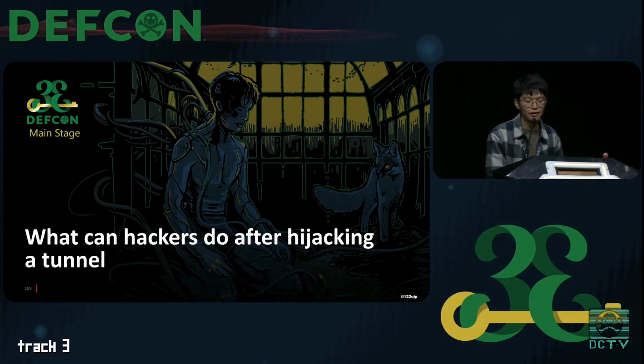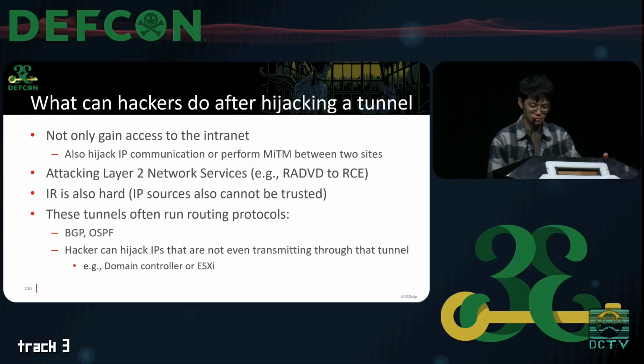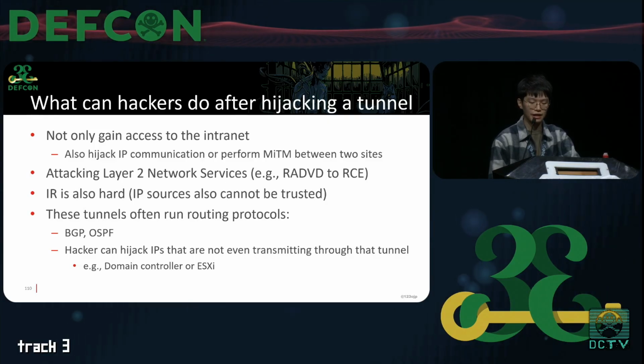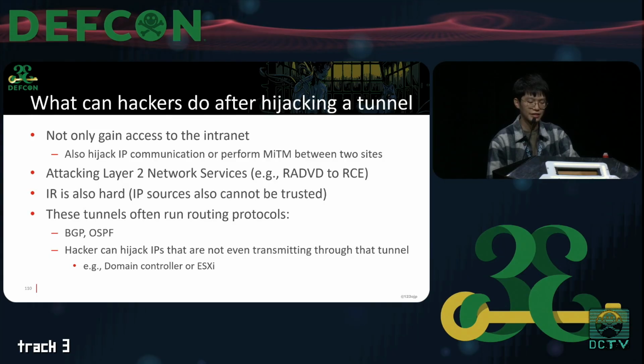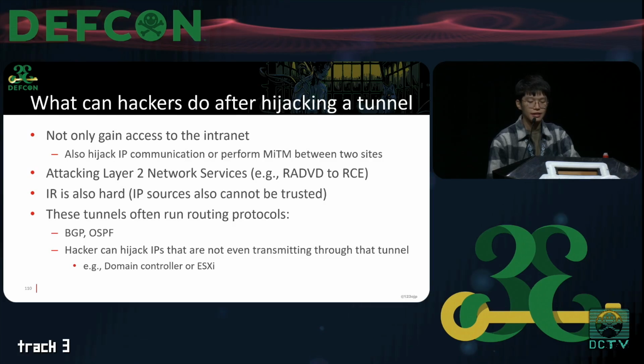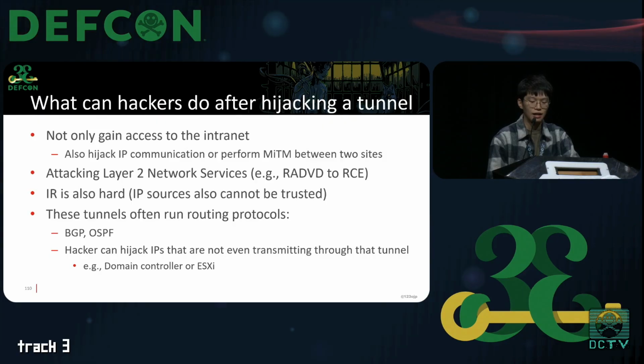So what can a hacker do after hijacking a VXLAN tunnel? Not only can the attacker gain initial access to the company intranet, but they can also hijack IP communication or perform a man-in-the-middle attack between the two sites. Additionally, an attacker can target layer 2 network services, such as exploiting RADVD for RCE vulnerabilities.